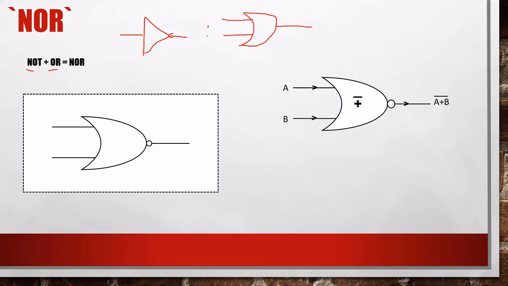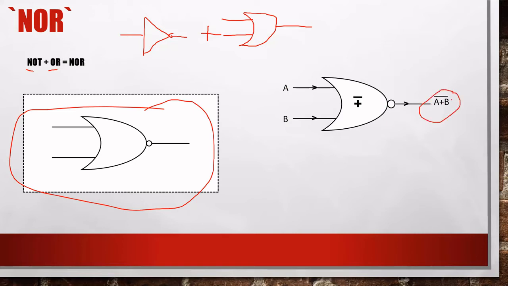So the NOR operator is a combination of these two, and you will get this new symbol here. This is nothing but the opposite of the OR operator. In OR, you get the addition of the input data as the output, but here we are getting the NOT part, which is the inversion. You will get the opposite of the output of the OR gate. We represent the coding like this, A plus B and the bar.